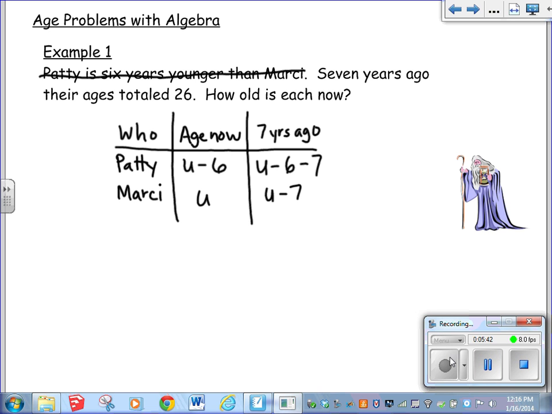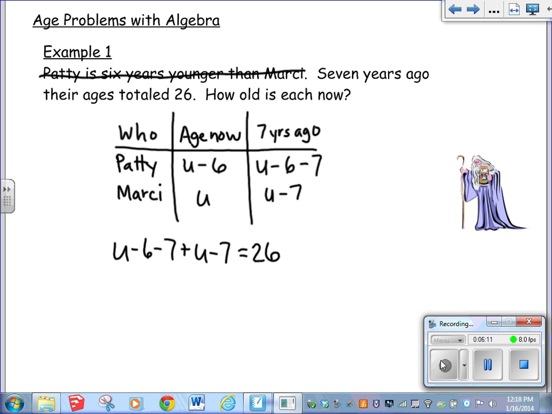Caitlin? U minus 6 minus 7 plus U minus 7 is equal to 26. Very good. Yes. So we took their expressions for their ages 7 years ago. We know they add to 26. I want you and your partner to solve this equation together and then answer the question in a complete sentence.